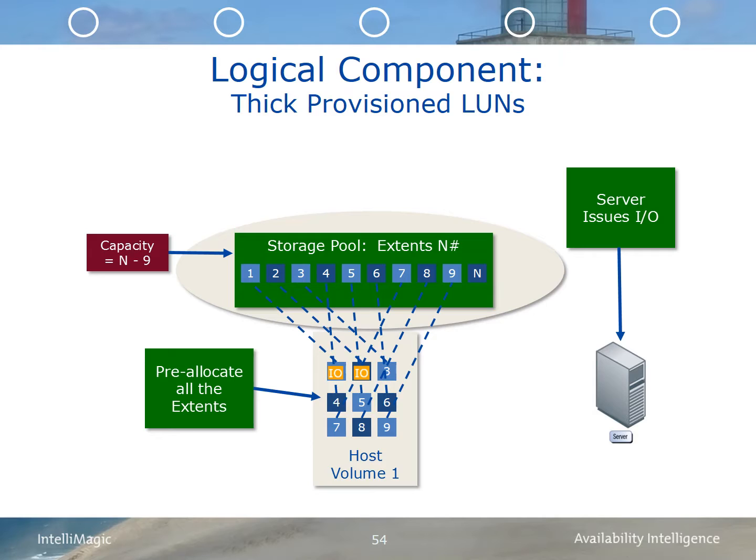Those n extents will be pre-allocated from the storage pool, so that when a host issues I/O, it already has capacity reserved up to the number of extents that it has allocated. So the pool capacity will be the number of total extents in the pool minus those extents that are assigned to volumes.